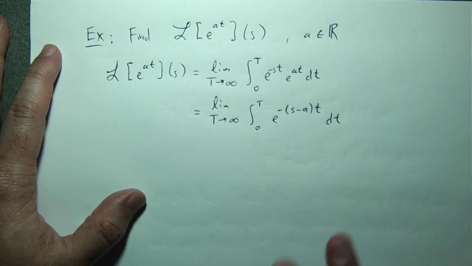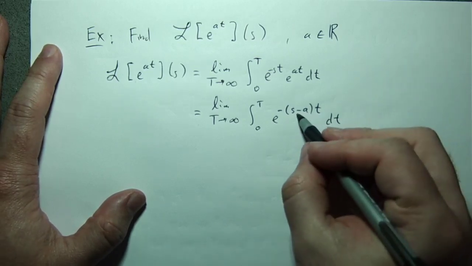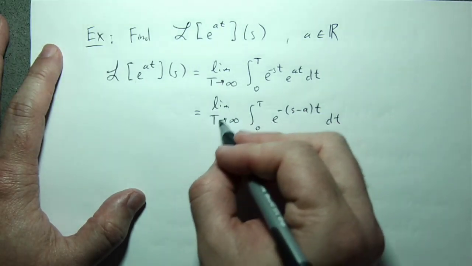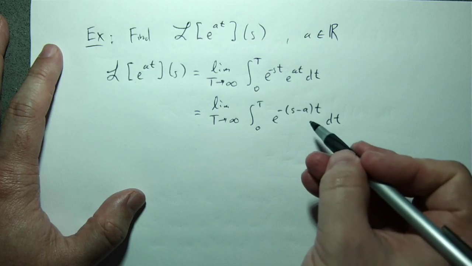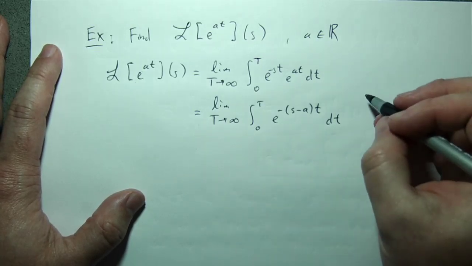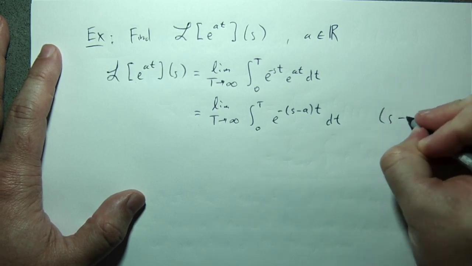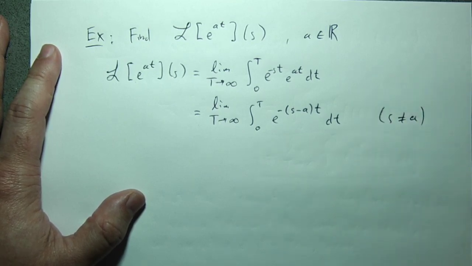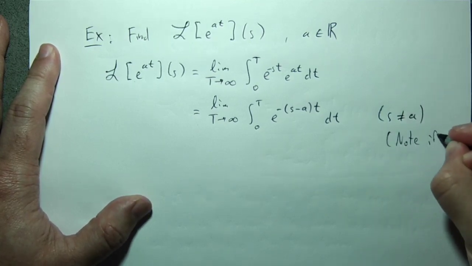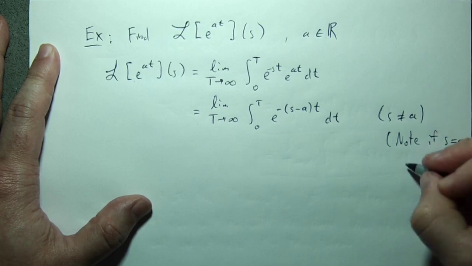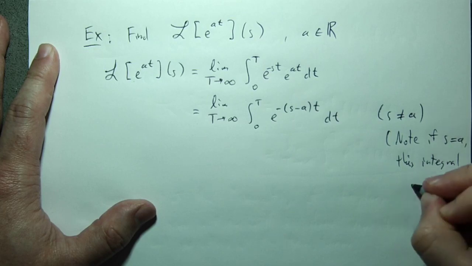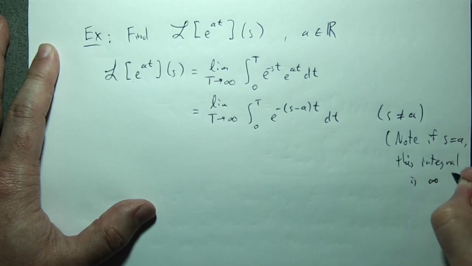How does this work? First of all, make an assumption. If s is equal to a, then s minus a is 0, and this is the limit as T goes to infinity of the integral from 0 to T of 1 dt, and that's clearly infinite. Note, if s is equal to a, this integral is infinity.